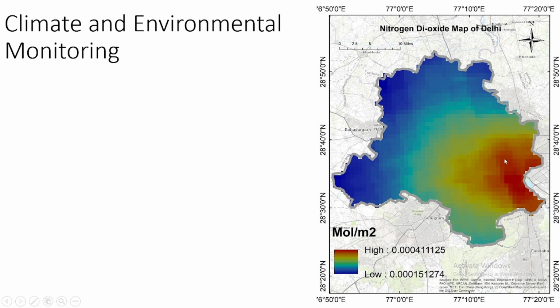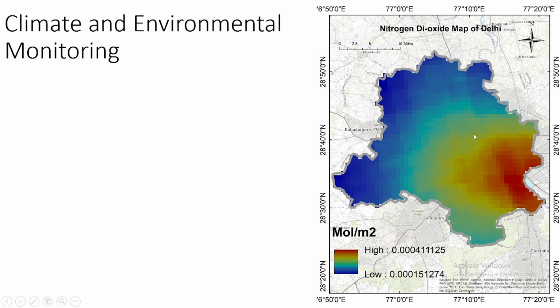So here we find out that this place has a higher concentration of nitrogen dioxide, due to the infrastructure or the different types of construction. Okay, so due to the different types of human-made activities, for this place in the study area we find a high density of nitrogen dioxide, but other places you can see show normal or low levels.